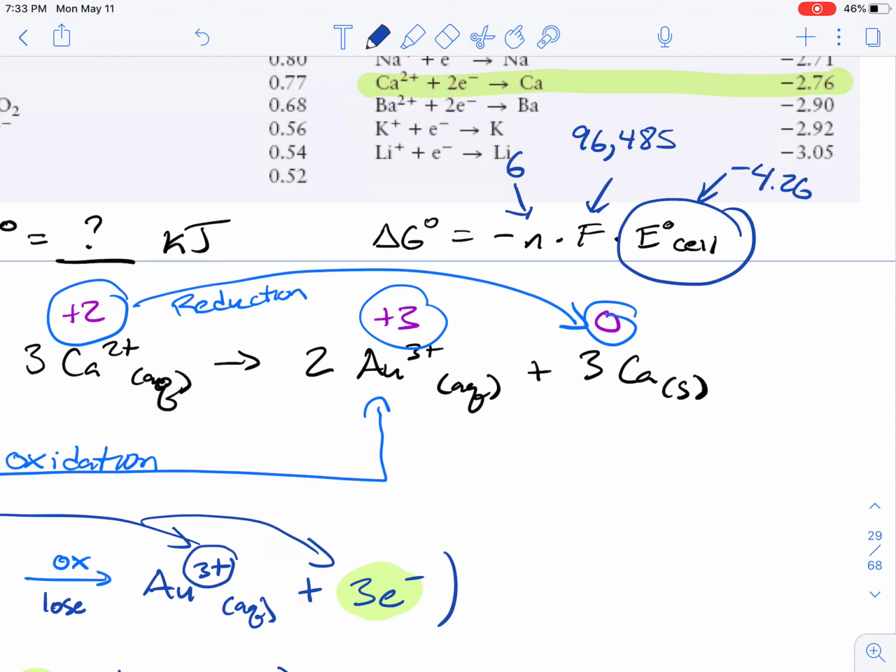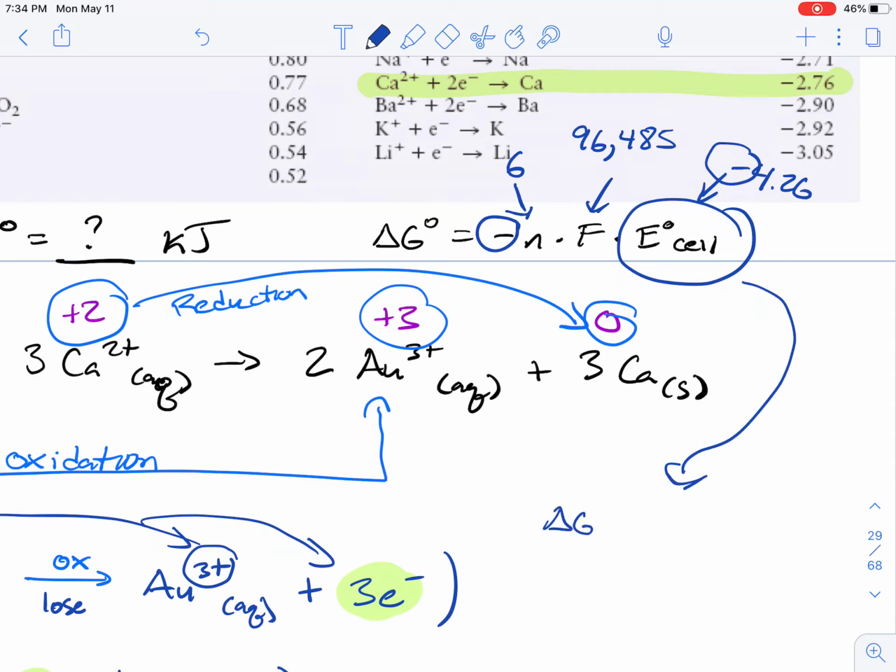For this example, I'm not going to write out my units just because I'm running out of room. I'm going to multiply all of these. Notice that there's a negative times a negative, so overall my answer is going to be positive.